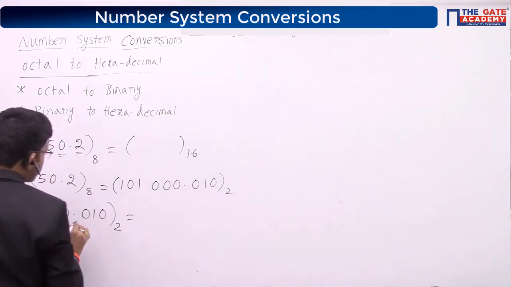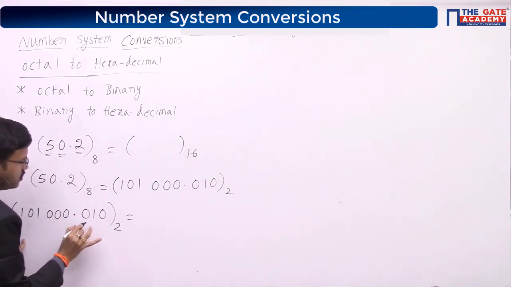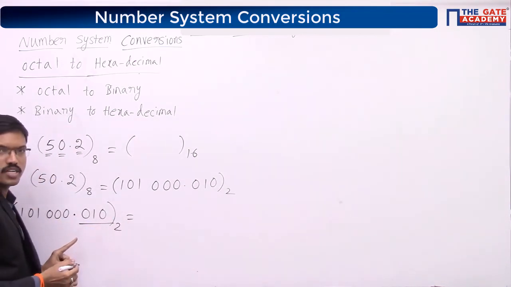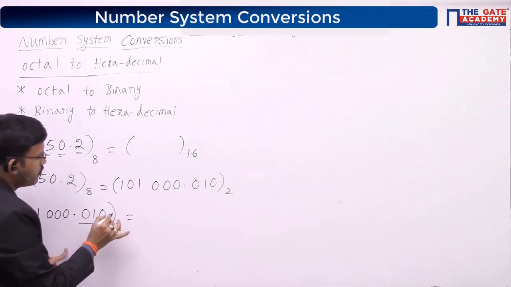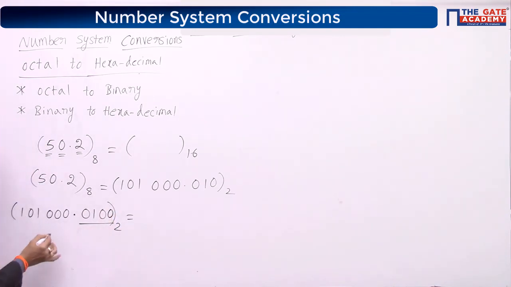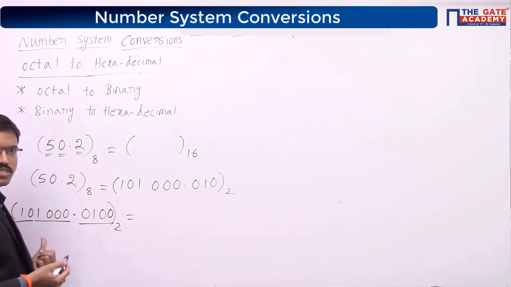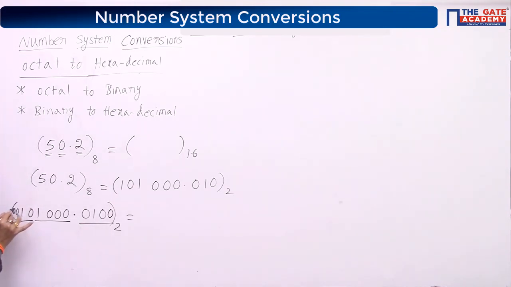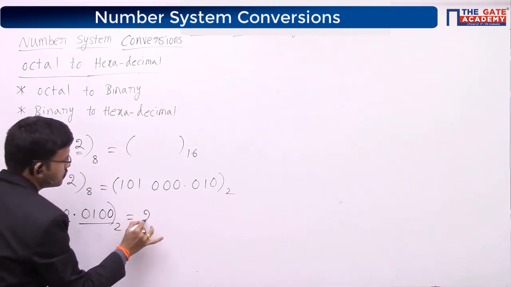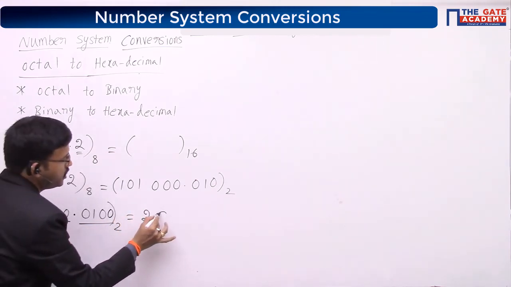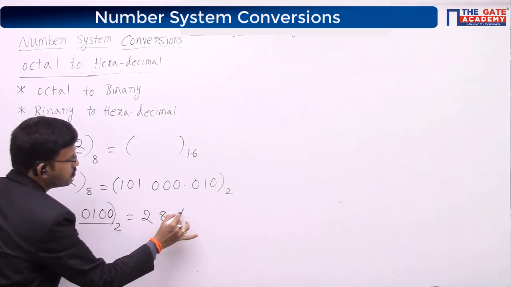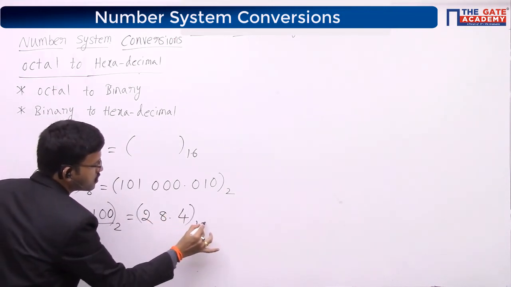So here, this is the radix point. I wanted to do the grouping of 4 bits, but I am having only 3 bits, so I will put one more 0 here. On the fractional side I am having only 2 bits, so I will place 2 more zeros. 0010 is nothing but 2, 1000 is nothing but 8, 0100 is nothing but 4. So 28.4 base 16.